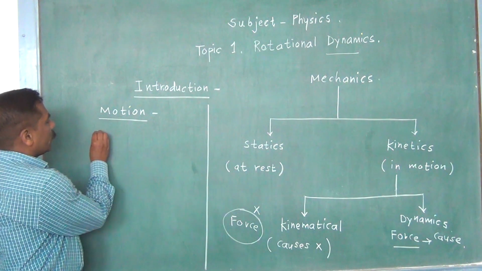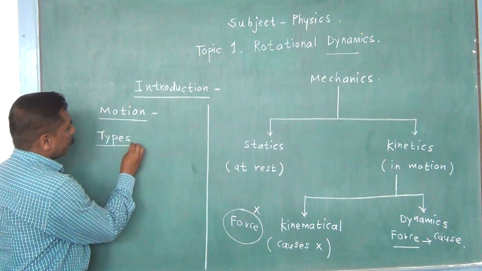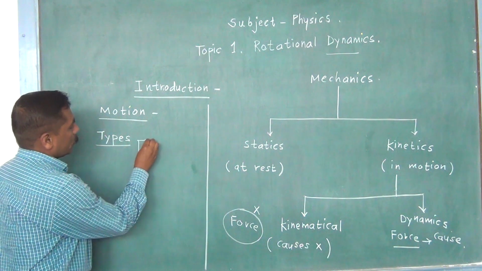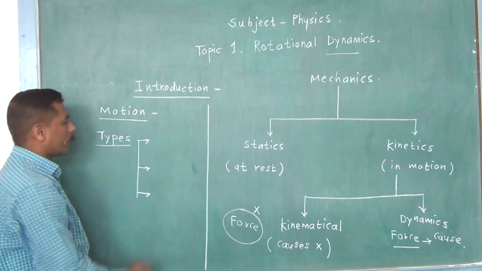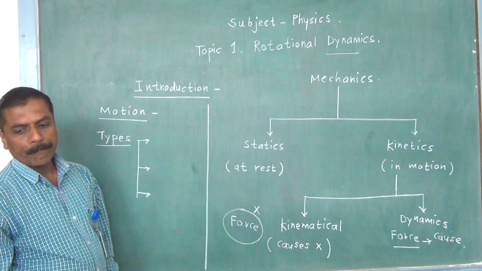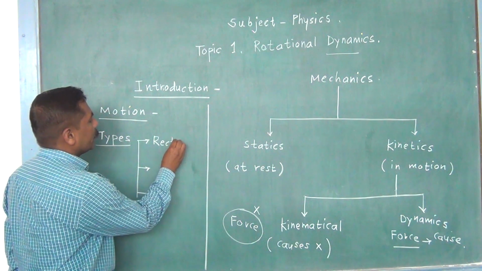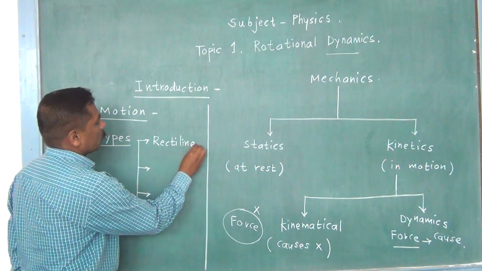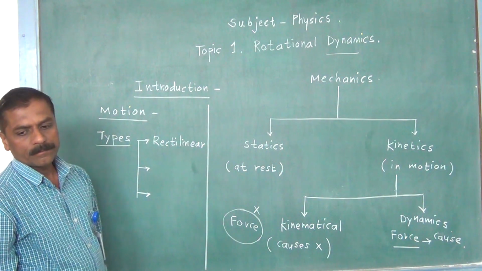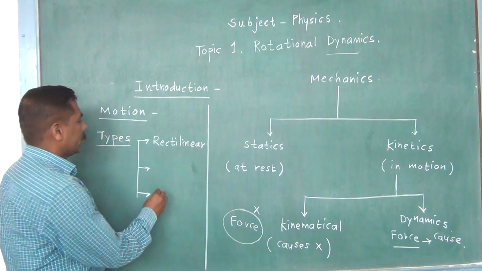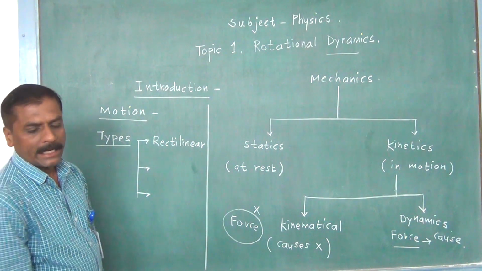Now when we consider this motion, you will find there are different types of motion. So here we can consider the three types of the motion. The first type is called as rectilinear motion. The second type is called as the rotating motion.